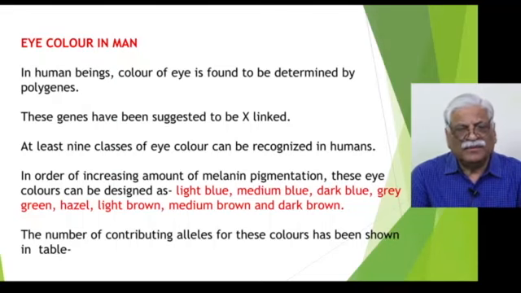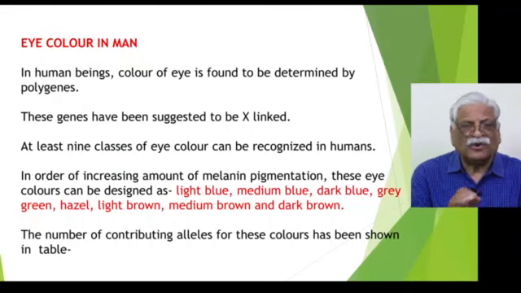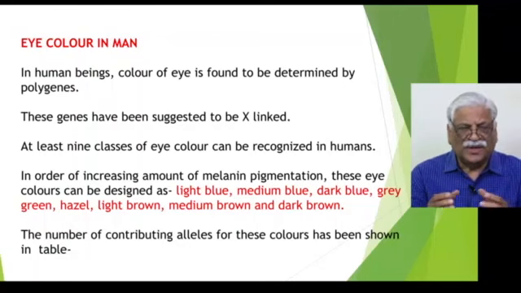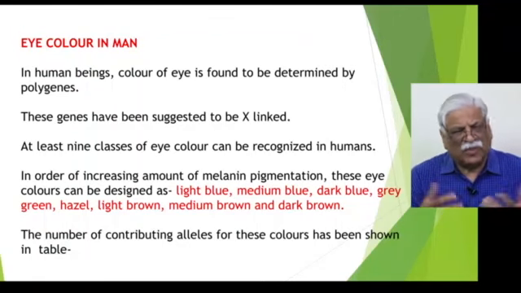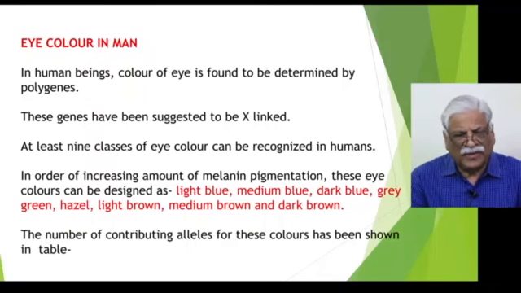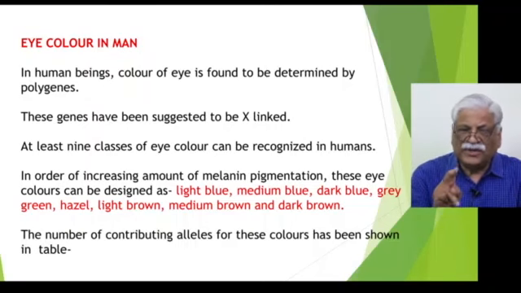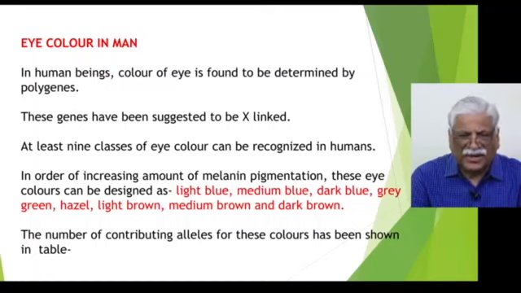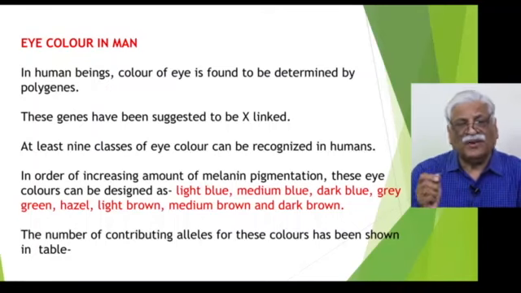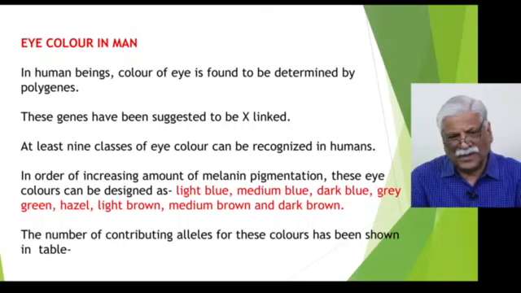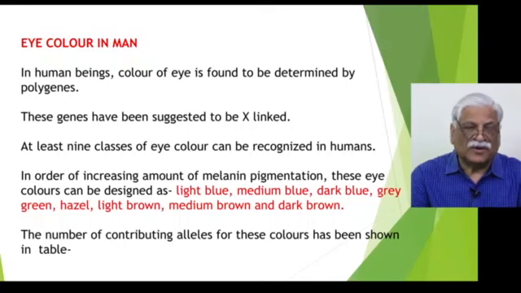Out of 23, 21 are autosomes. Autosomes are responsible for other characters like body shape, body color, body height, body weight and some other characters. But the two remaining out of 23 are known as the X and Y chromosomes. The Y chromosome is known as the male chromosome.